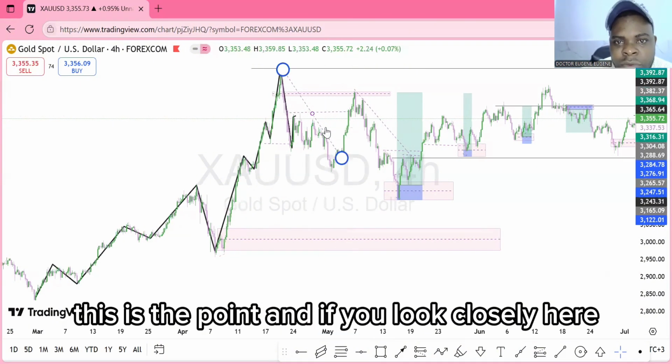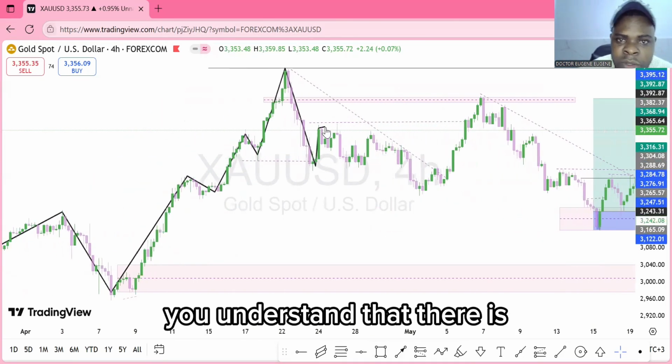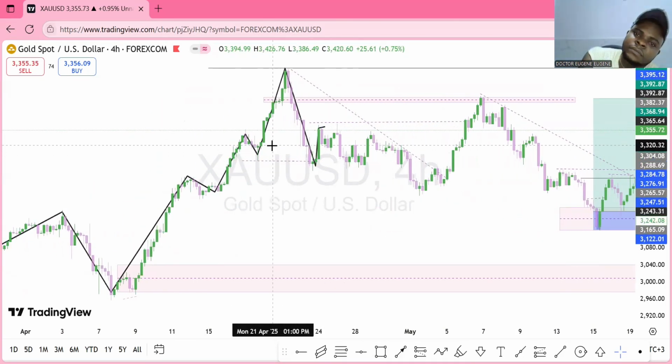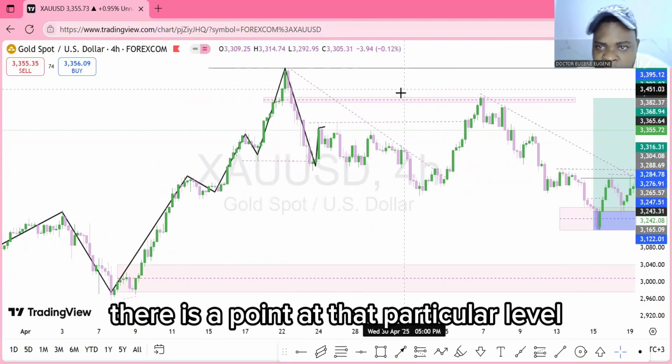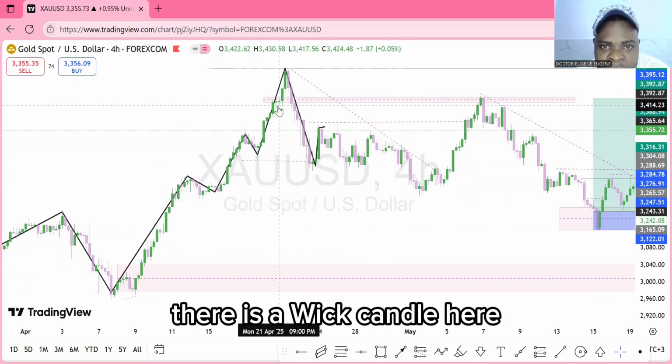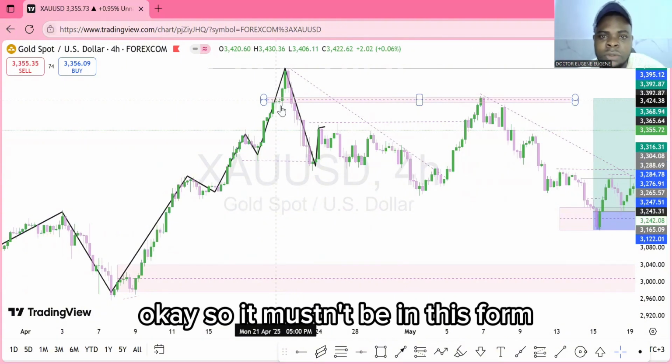And if you look closely here, at this point that market sold from, you will understand that there is a weak candle here telling you that this is also a supply zone. Okay, so it mustn't be in this form.